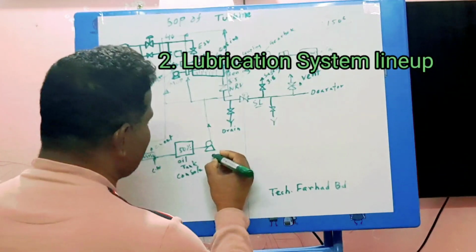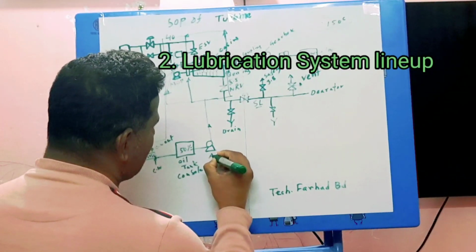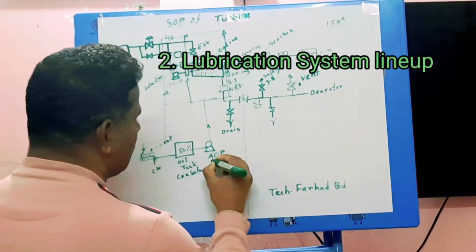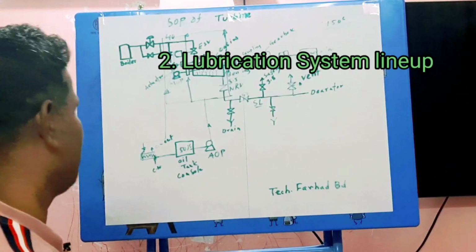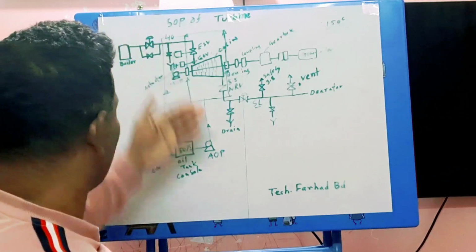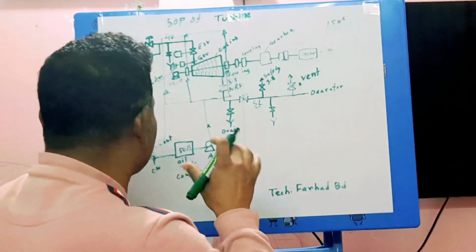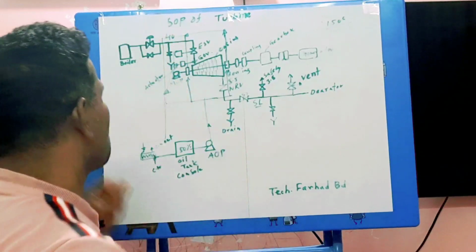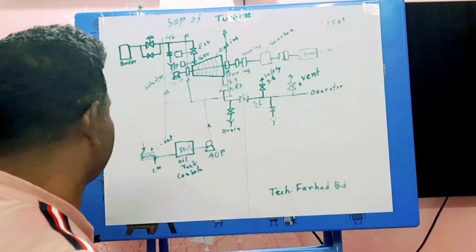In the lubrication system, you have to run the AOP pump. AOP means auxiliary oil pump. You can start the auxiliary oil pump for providing oil to the turbine bearing, actuator, and governor area.